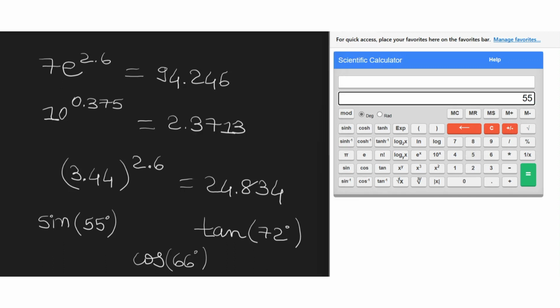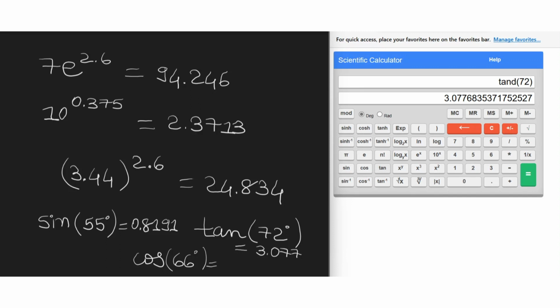I'll type 55, then press the sine symbol, so I get 0.81915. Then tan 72 degree. For that, I'll type 72, then press the tan symbol. We get 3.077.